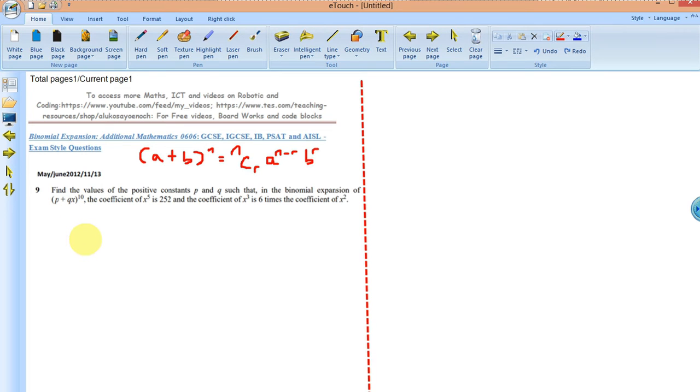Okay, so let's go ahead with what we have in here. Let me just complete the same here. So I have (p + qx) raised to the power of 10.